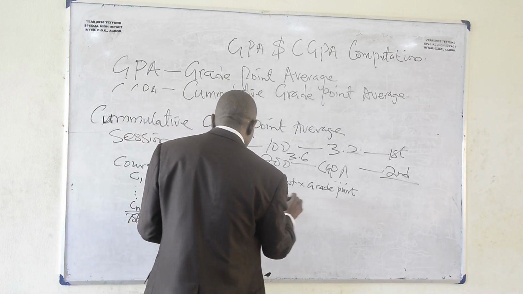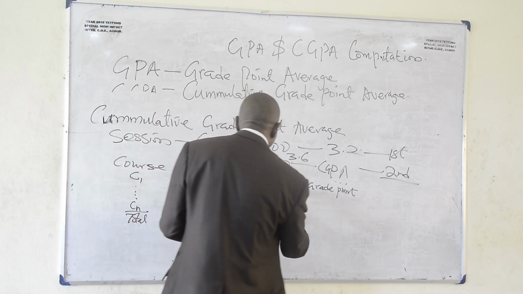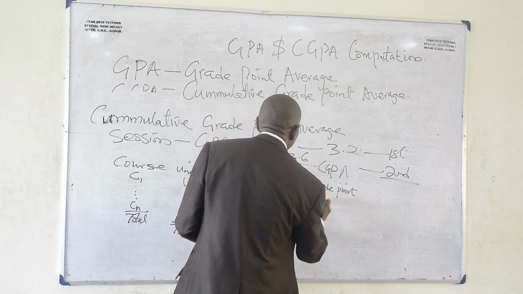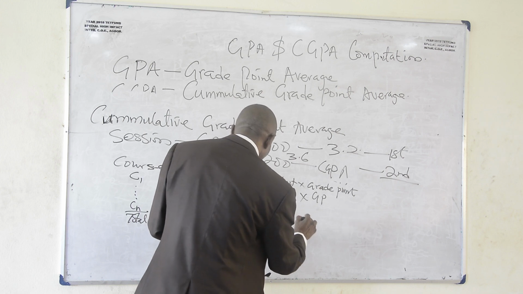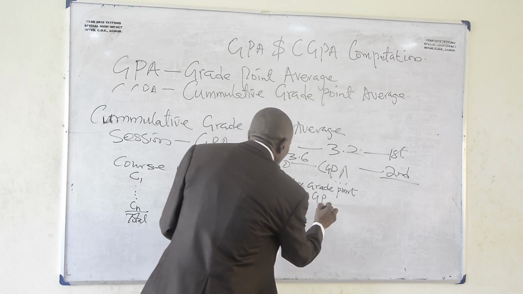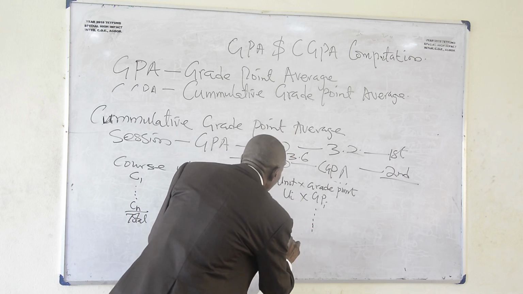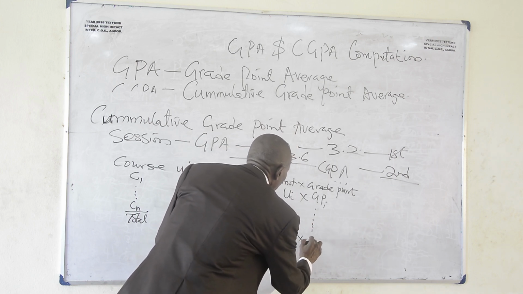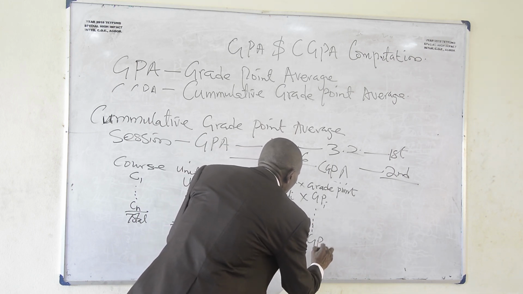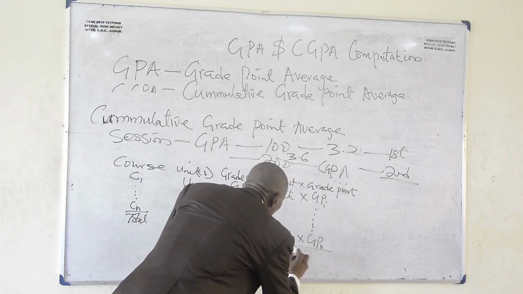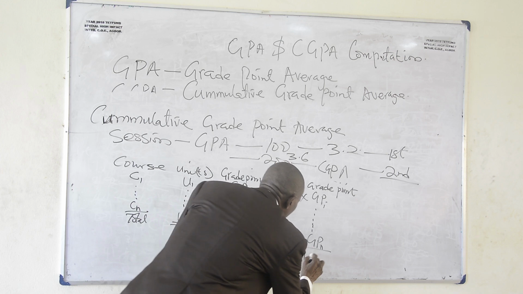And then you multiply, which is U1, Ui, times your GP. And this will give you your total unit grade point.